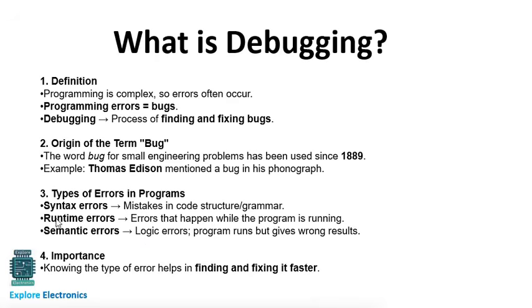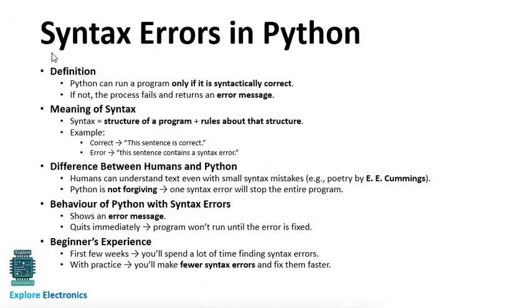Why are these three errors important? Because knowing the type of error helps in finding and fixing it faster. If you know which error has occurred, then it will be easy for you to find it and fix it faster. Very simple, right? Let us understand one by one in detail. First one is syntax error. Python can run a program only if it is syntactically correct.